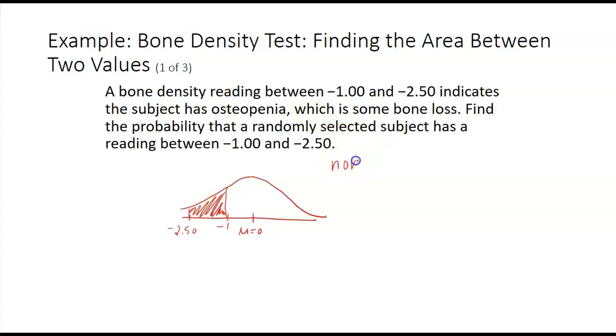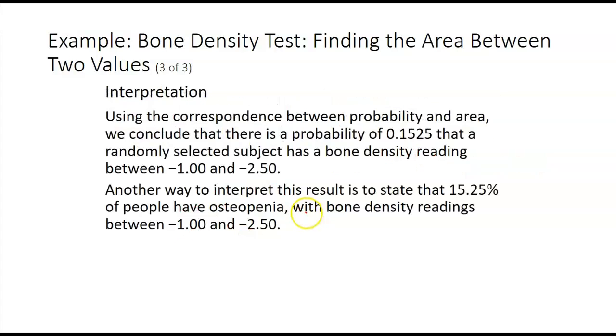So we'll do the normal CDF from -2.5 to -1. And that's going to give me this probability here. So that value is 0.1525, or about 15.25% of the people have bone density readings between these two values.